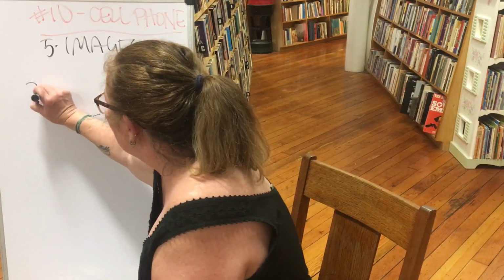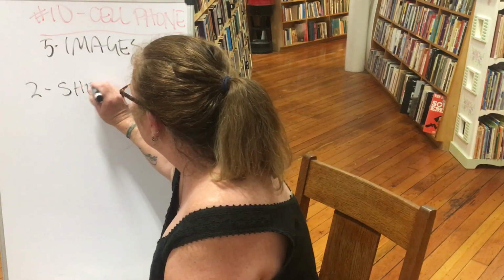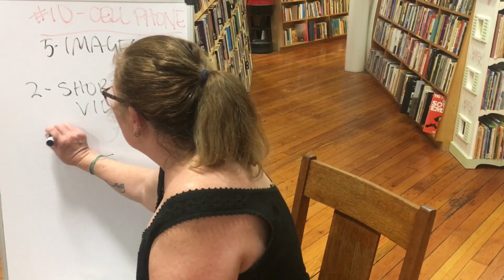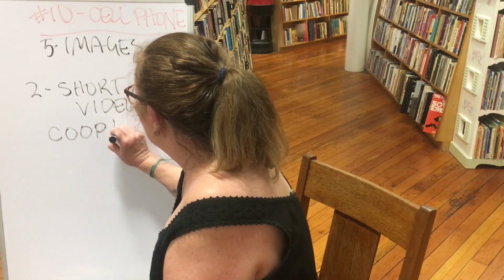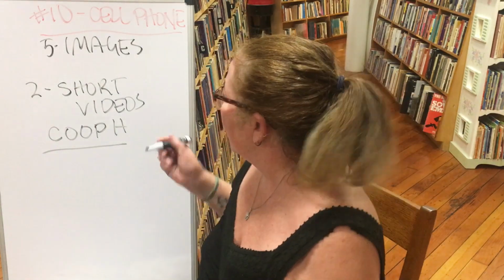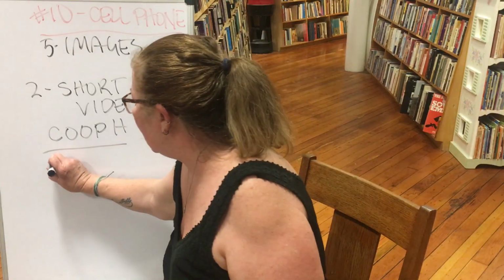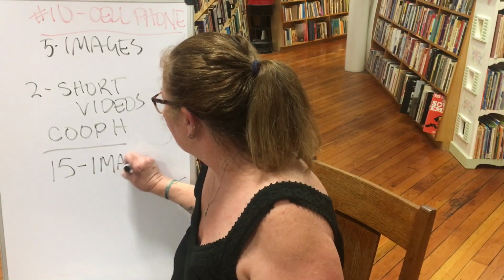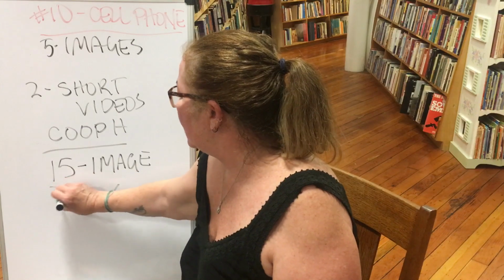You're going to watch 2 short videos, and I'll send you links via email and on Canvas, by these folks, on cell phone tricks and tips. You're going to have a choice of 15 different images. So you're going to have 15 to choose from.